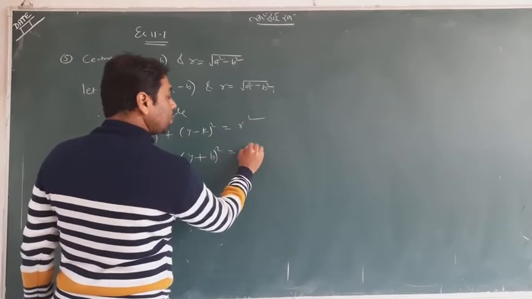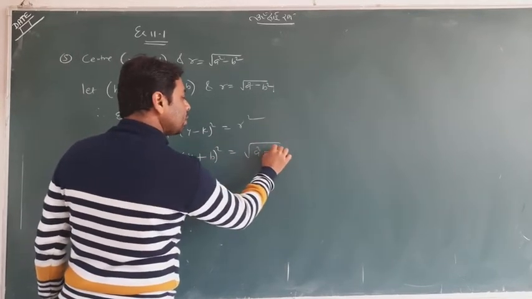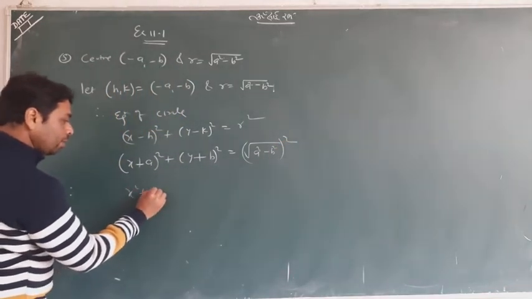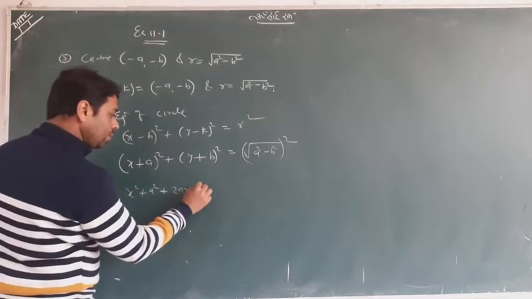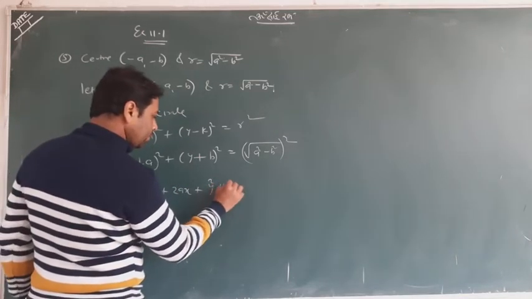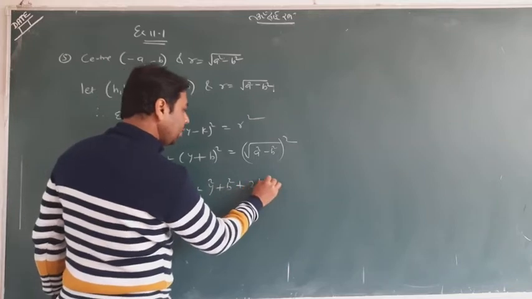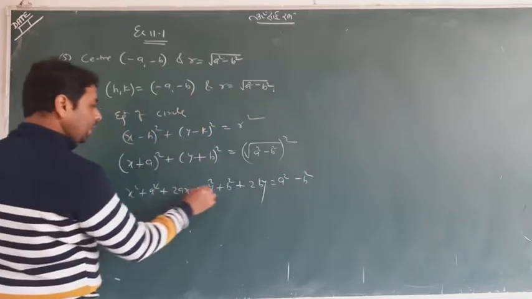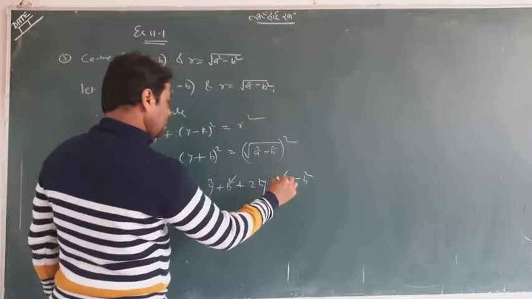Radius square meaning a square minus b square, whole square. Open it: x square plus 2xa plus y square plus 2by equal to a square minus b square. So definitely a square and b square will cancel.